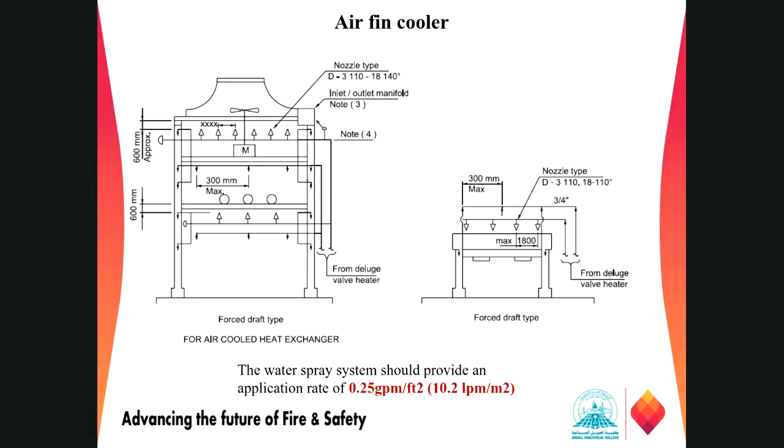And why we need a water spray system or exposure protection in this area is that these are the pipings coming from the different process areas. Hot liquid is coming into these areas, getting cooled to some reduced temperature, and going again to some other unit areas.